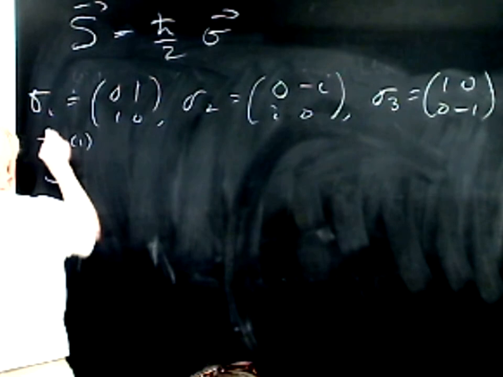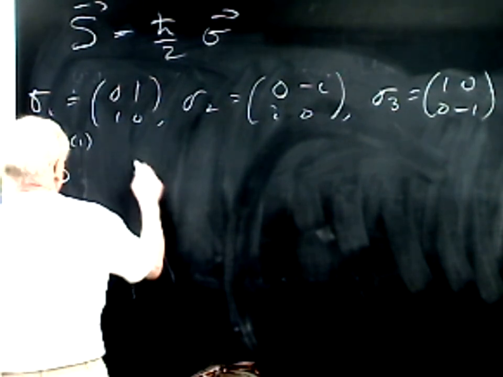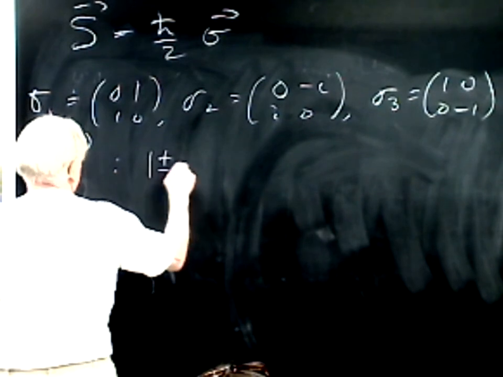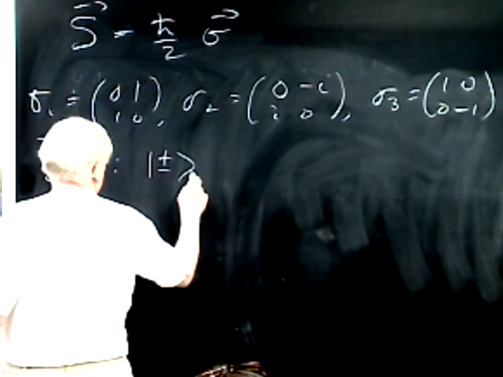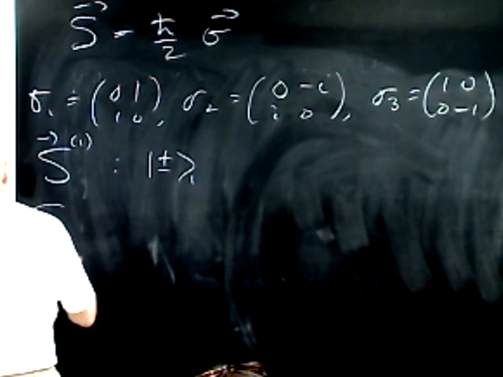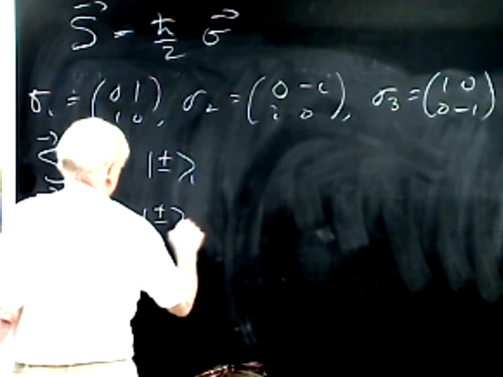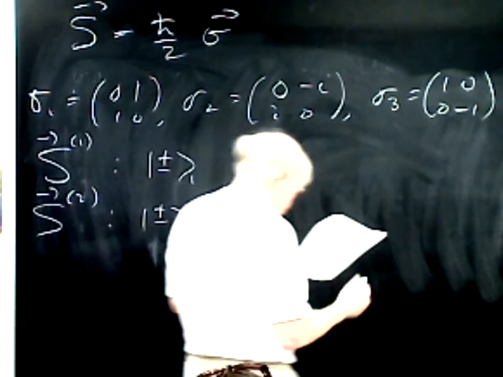Then we have one operator, sigma 1, acts on one system, acts on the states plus or minus 1. And then S2 acts on these states plus or minus 2 for the second electron.